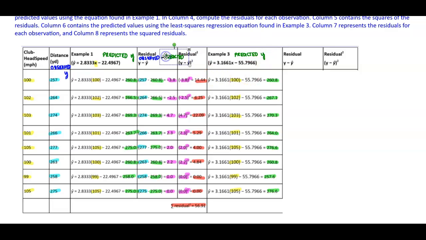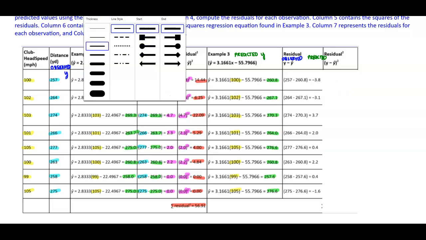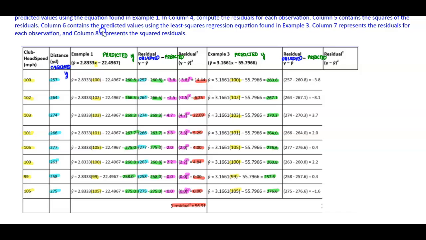So just as we've done before, we're now going to do the same thing in this space here. In order to find the residual, we need to take the observed value and subtract the predicted value.